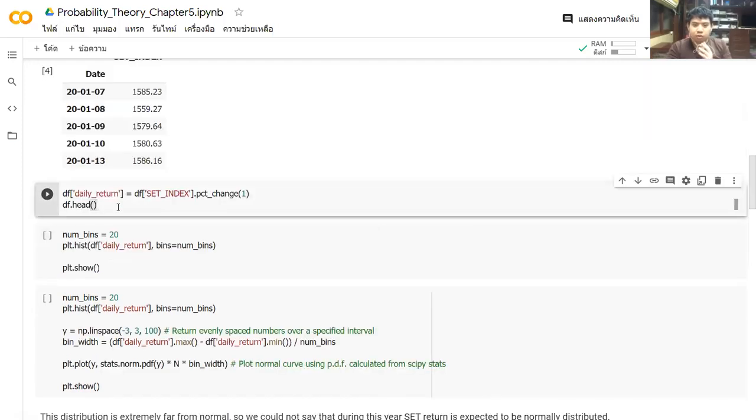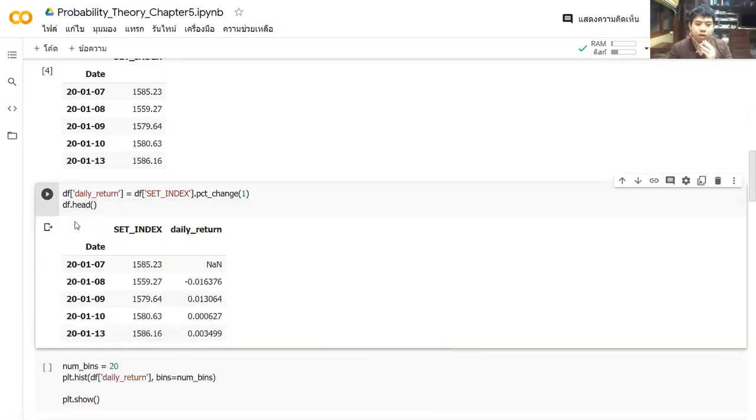But we don't want only the number of the SET index, we want the daily return. Let's say a heavy trader of the SET index who traded on SET every day may be interested in this rather than the pure number. The first one is not a number because we do not have anything to take the difference with, right?